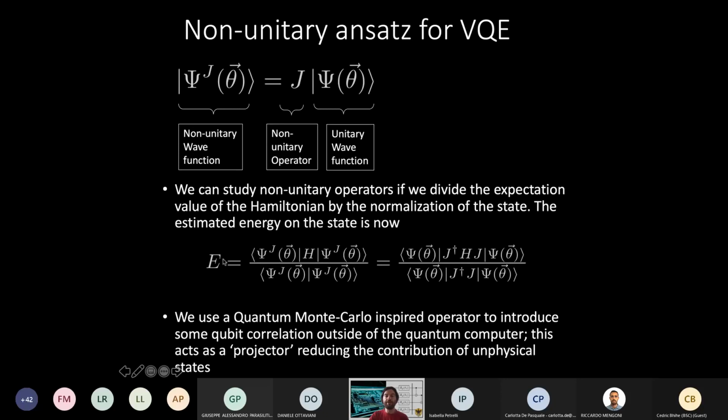So when you want to estimate the average of the Hamiltonian of this non-unitary wave function, psi j, then of course you have to evaluate it in this way, and you have to normalize the wave function, which is not normalized now.